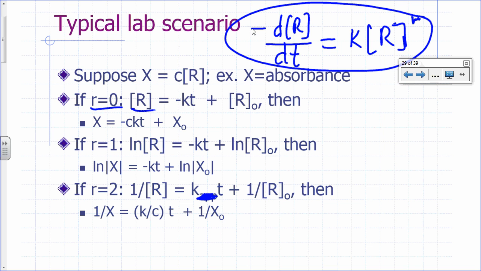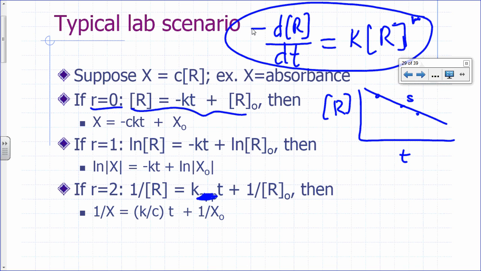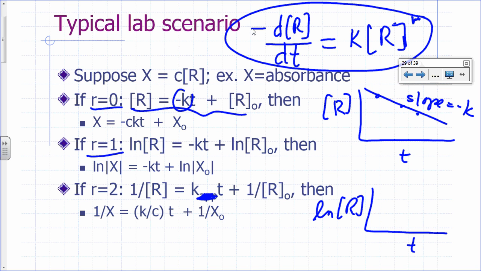What did we say the plot of R would look like versus time if it's zero order? Straight line with what slope? Negative slope, right? And the slope of that is negative k, right? And if it's first order, then you should be able to show that natural log of R versus time would be a straight line again with a slope equal to negative k.